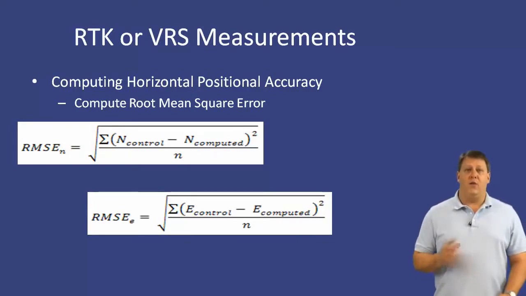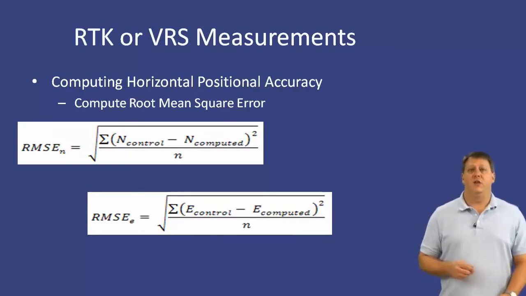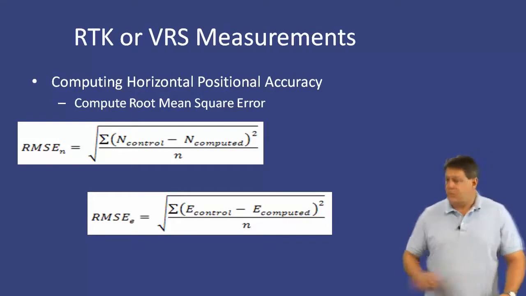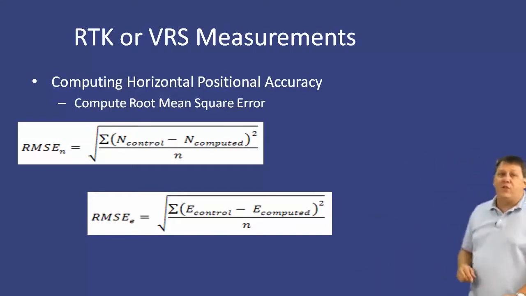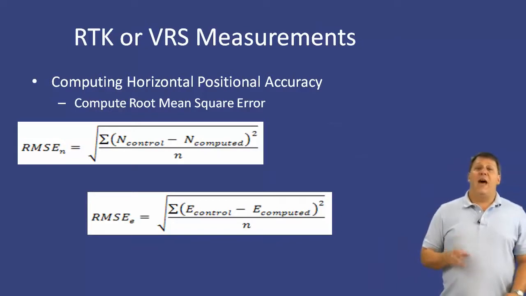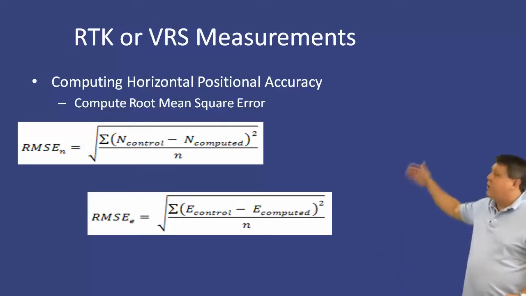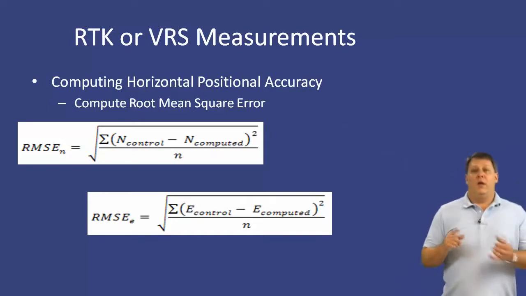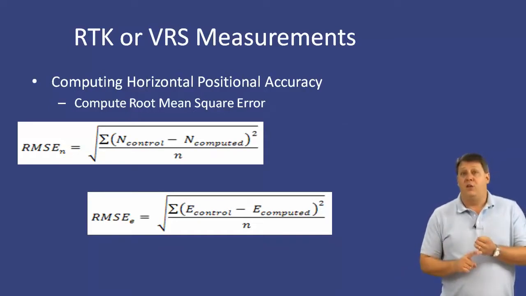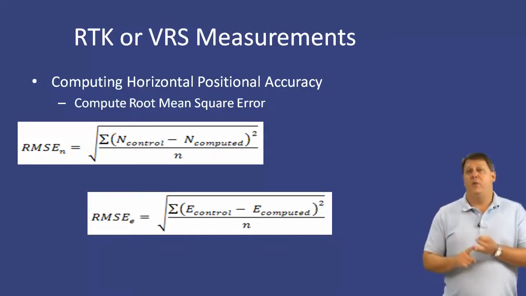Now, to compute positional accuracy from RTK or VRS measurements, we're going to use all of what we've talked about in Part 3 from the National Standards for Spatial Data Accuracy. We are going to have to compute the root mean square error in northing and the root mean square error in easting, which means we've got to have coordinates for our control point, whether it's from a monument or an OPA static report.